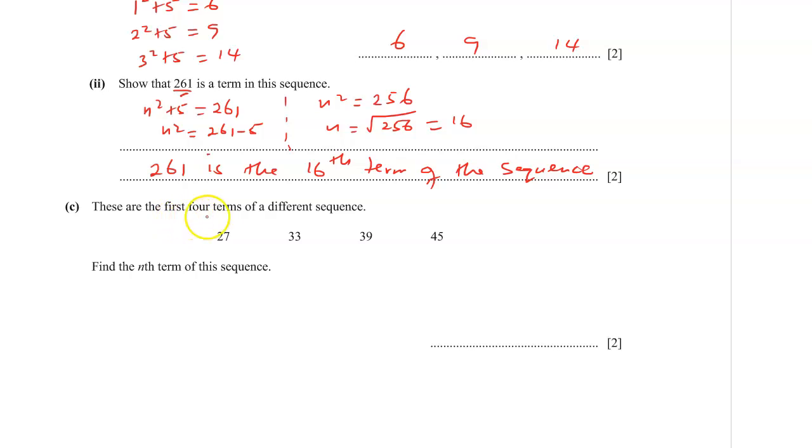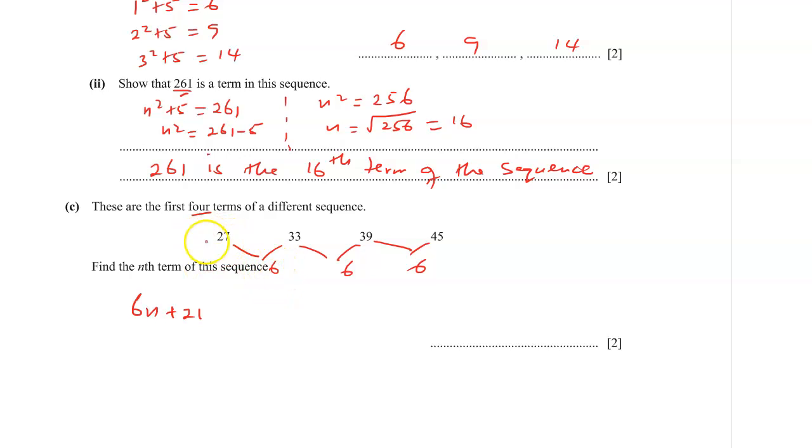These are the first 4 terms of a different sequence. Find the nth term. Right, the difference here is 6, the difference here is 6, the difference here is 6. So 6n plus something.